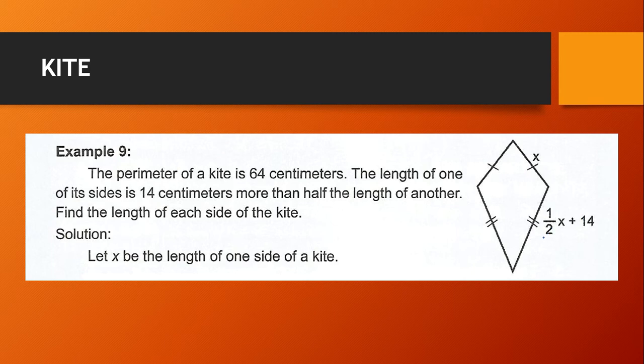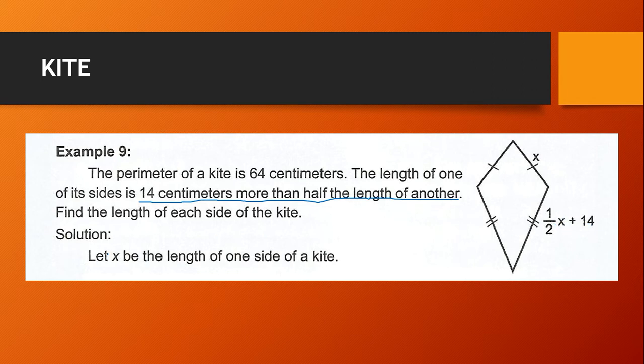Where does 1/2 x plus 14 come from? It comes from 14 centimeters more than half the length of another. The other side is x, and this one is 14 more than half of it, so that is 1/2 x plus 14.